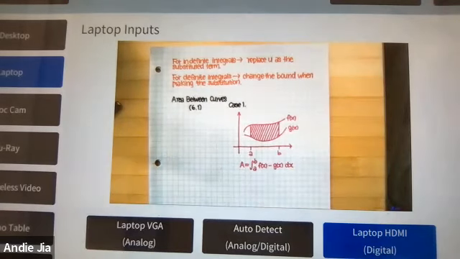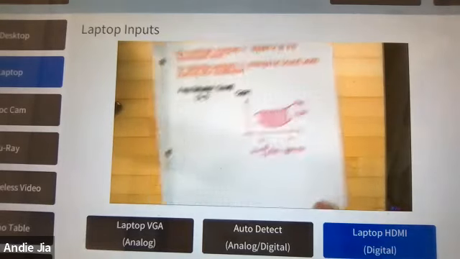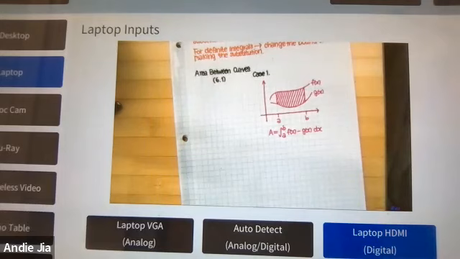Case 2 is when the position changes. I'm going to introduce more of the common cases you will encounter in a midterm.